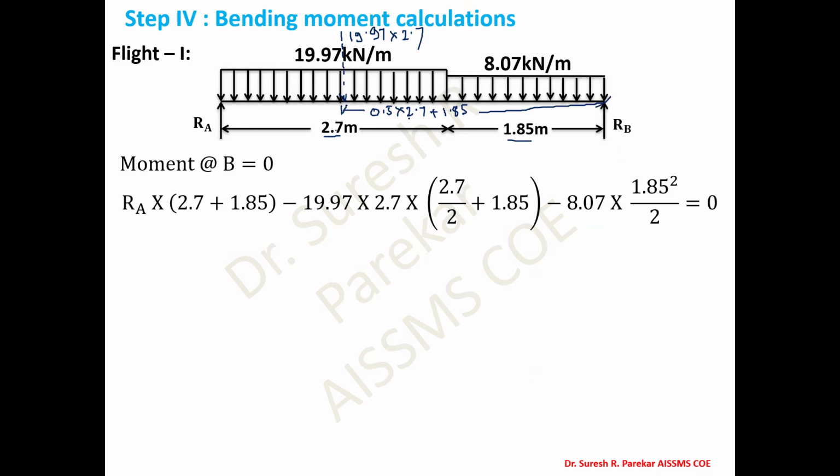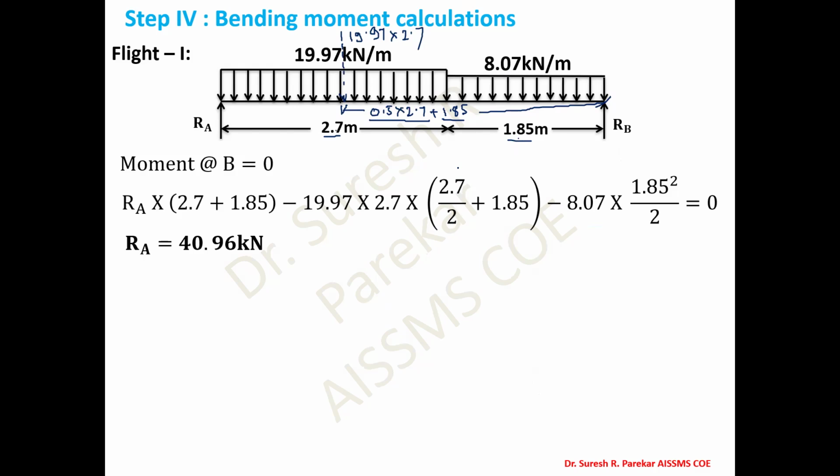It will act at the center of 2.7 and in that we have to add 1.85, and from this we have the second term, that is 2.7 by 2, means 0.5 into 2.7, minus 8.07 into 1.85 square by 2, and from this I get the value of RA as 40.96 kilonewton.